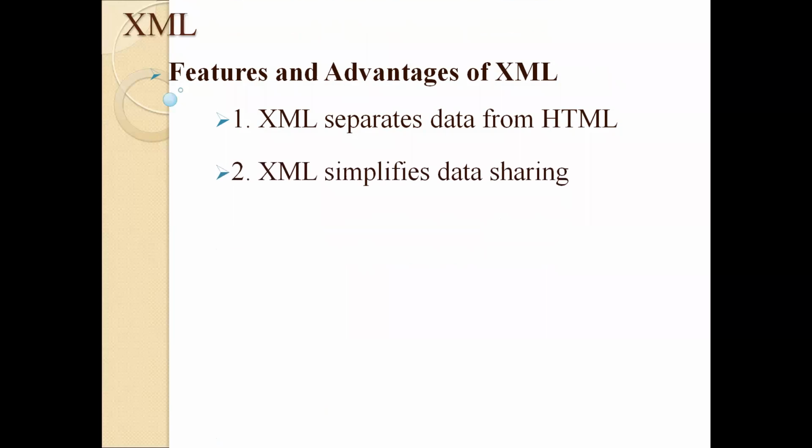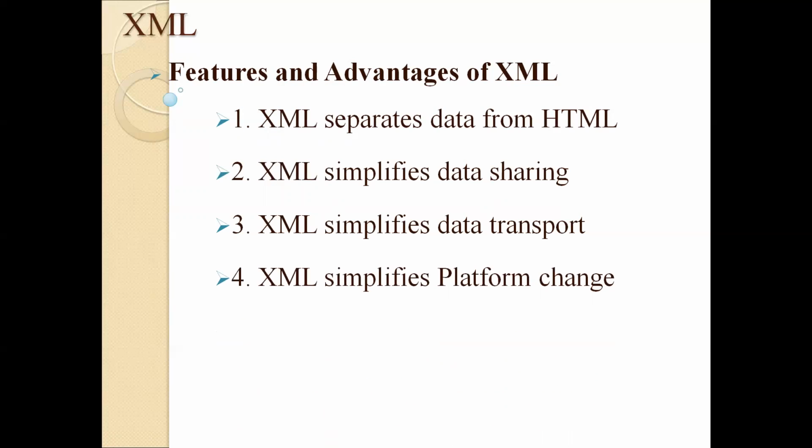Next one, XML simplifies data sharing, right? In a very simple way, we can share our data by using XML. Next one, XML simplifies data transport. Points 2 and 3 are almost similar. And next one, XML simplifies platform change. We have studied in the previous slide that XML is platform independent and language independent, right?